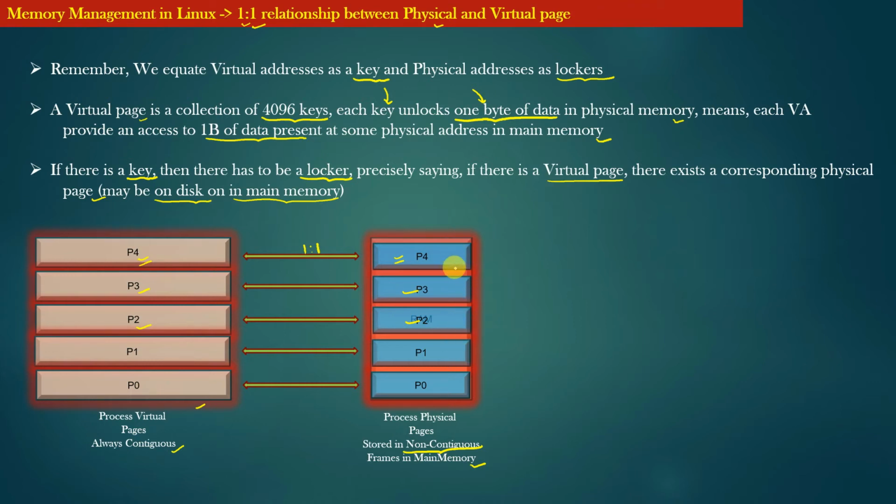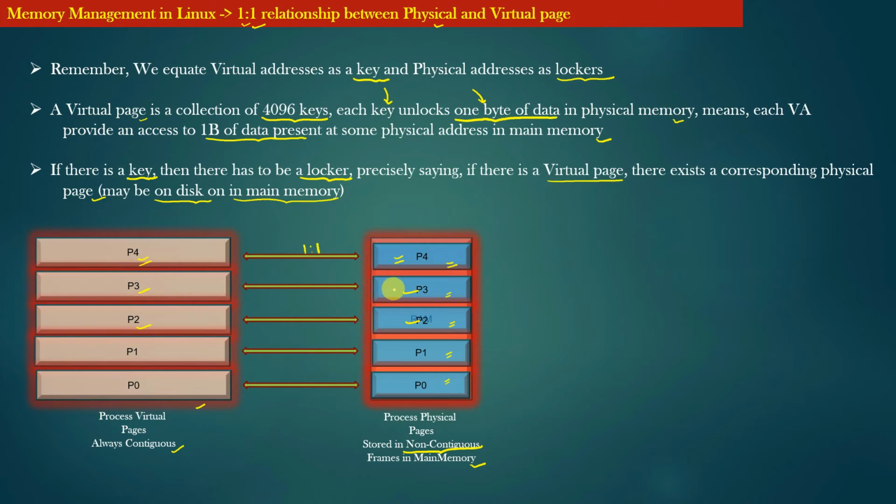So remember, these are the physical pages, and physical pages are nothing but a snapshot of the frames of main memory. So these physical pages may be present in some frames of physical memory or may be present on disk. But one thing is clear, that for every virtual page of a process, there exists a physical page.